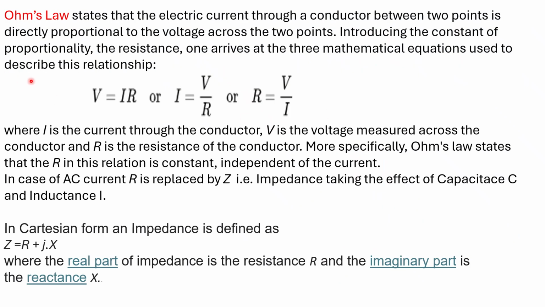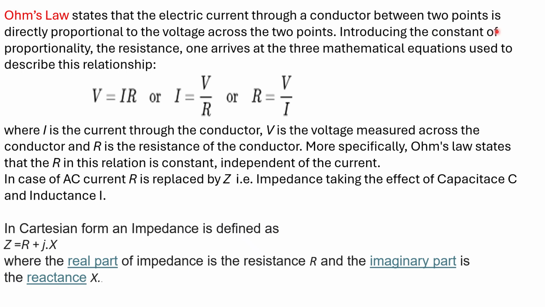Friends, the fundamental law behind electrical flow is Ohm's law. You must have learned it in your school time in physics and now in electrical engineering. The basic Ohm's law states that the electrical current through a conductor between two points is directly proportional to the voltage across the two points.